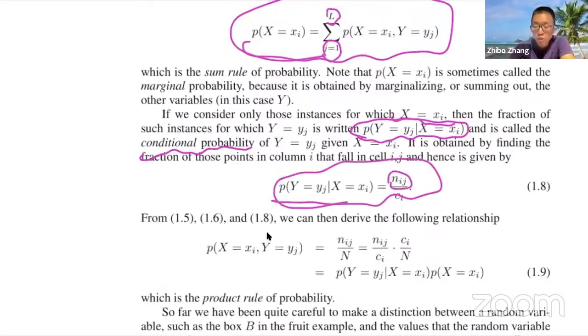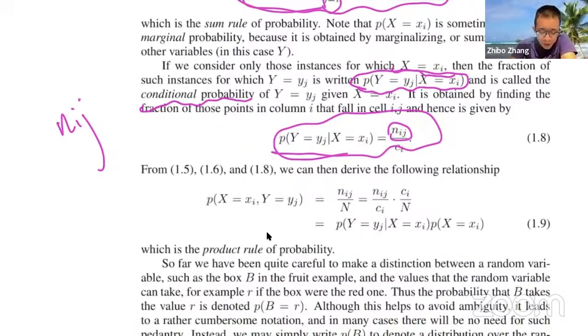The numerator here is still the combination of ij occurring together, and the normalizer is a little bit different because it is conditional upon x being equal to xi. We know the number of occurrences where the trial falls into column i is ci, so we normalize by ci rather than by the total number of trials.